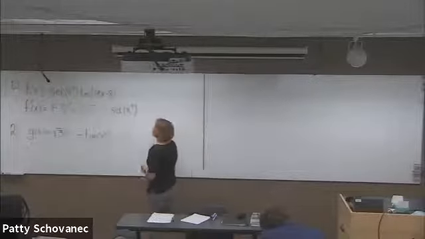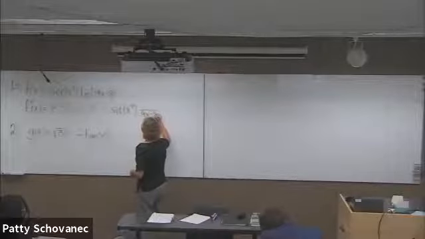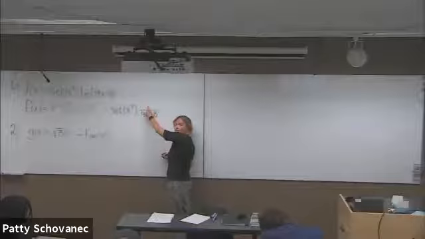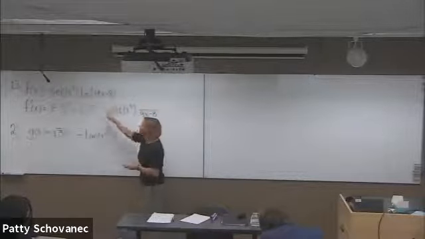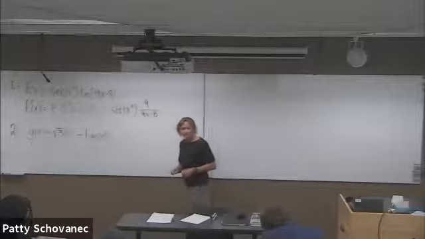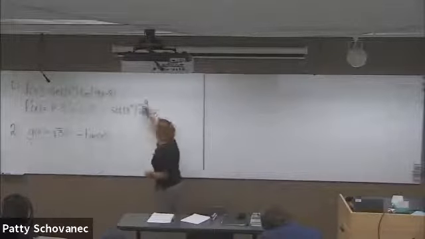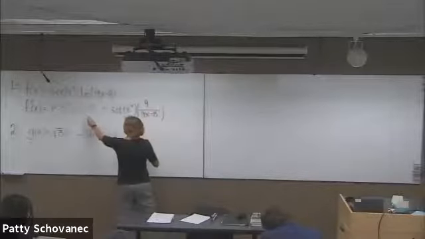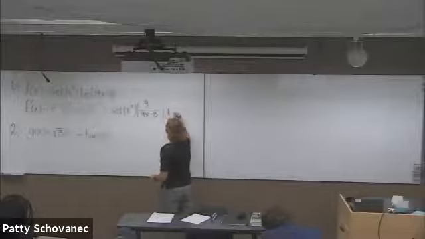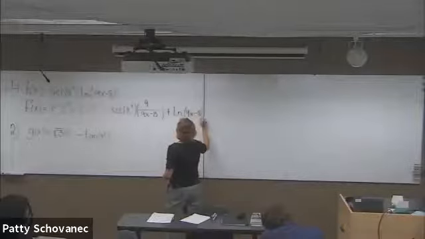So 1 over 9x minus 8. And then I'm going to put the u prime right here. So what is the u prime? It's 9. 1 over u times u prime. Now we're going to copy down the second factor behind the plus sign, the natural log of 9x minus 8.